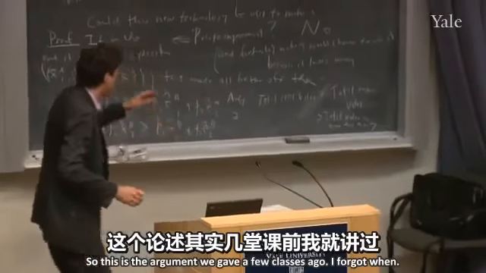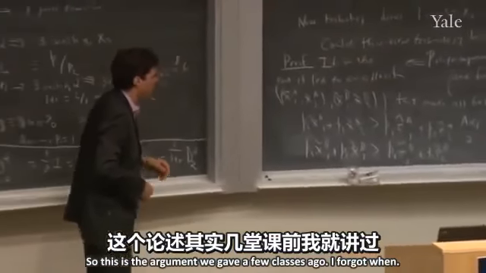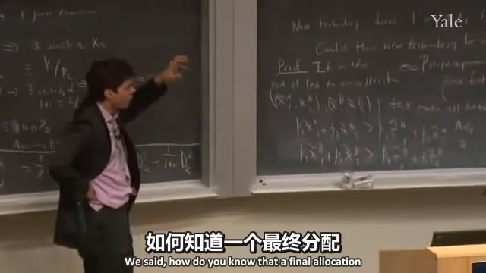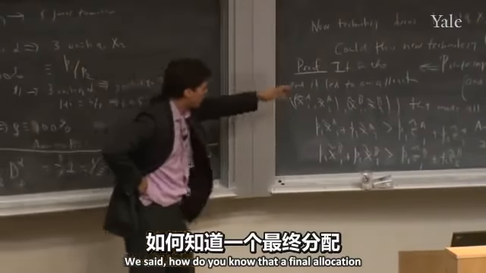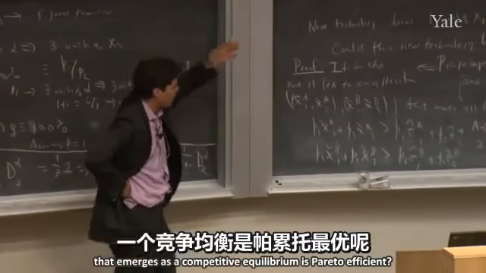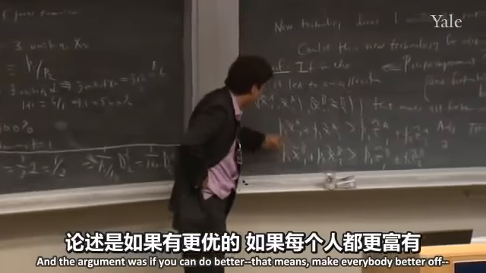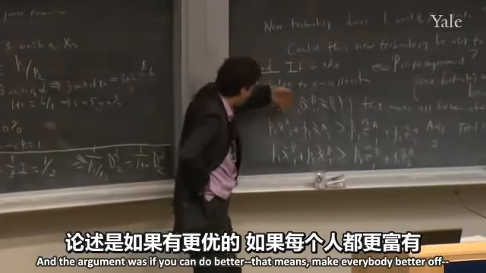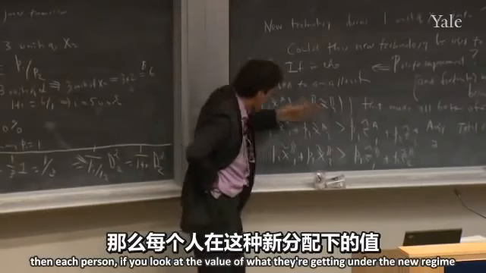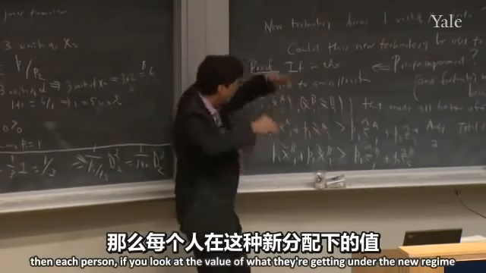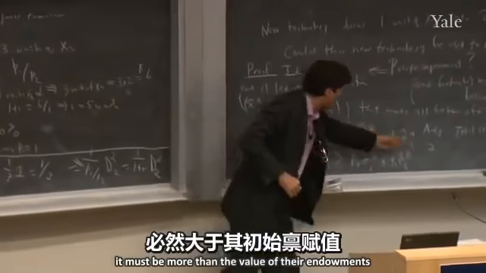Okay, so this is the argument we gave a few classes ago. We said, how do you know that a final allocation that emerges as a competitive equilibrium is Pareto efficient? And the argument was, if you can do better, that means make everybody better off, then each person, if you look at the value of what they're getting under the new regime, it must be more than the value of their endowments.